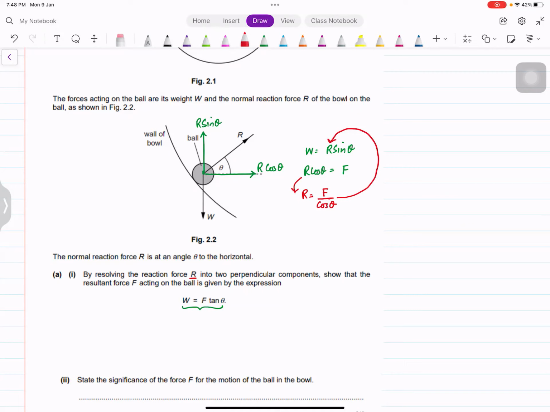Yes. I can replace R, right? So what will it be? W equals F over cos theta, and there's sine theta already there, right? Yes. Can I write it as F times sine theta over cos theta? Yes. And sine theta over cos theta is tan theta, right? So then can I write that? Yeah, now you know.